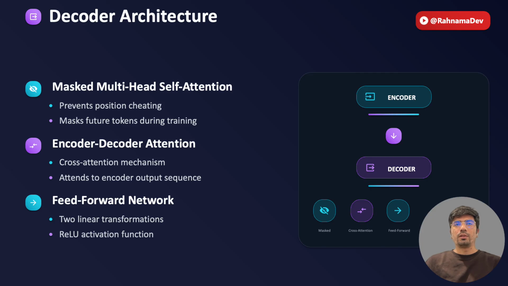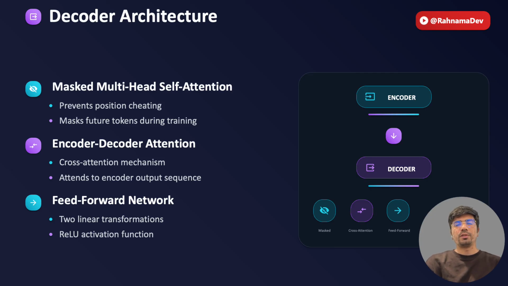For a translation task, the decoder needs to know what it's translating from. Cross attention allows each decoder position to attend to different parts of the encoded input. This is what enables the decoder to generate relevant output based on the input. In GPT-style models, which are decoder only, this component is not needed because there is no encoder to attend to.